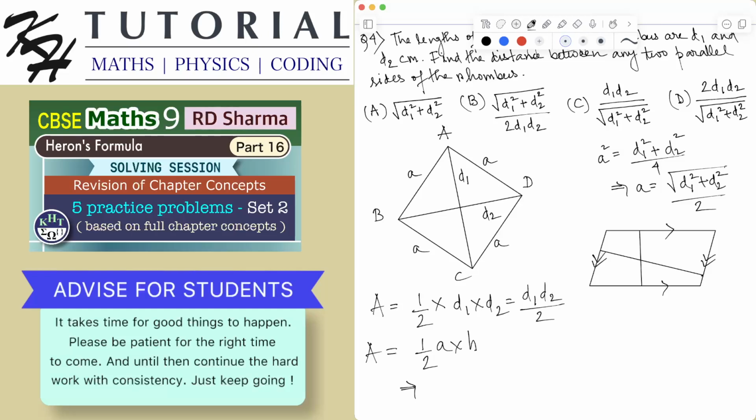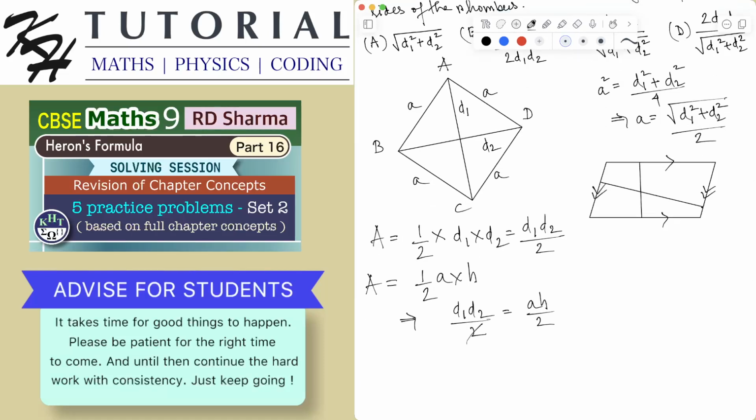So I can say that d1 into d2 by 2 should be equal to A h. From here we can say h, that is the distance between the two parallel sides of the rhombus, will be equal to d1 into d2 by A, and A we already know is equal to square root of d1 square plus d2 square, whole divided by 2.